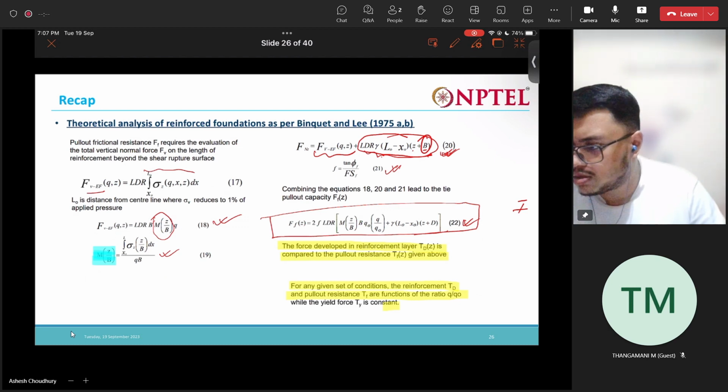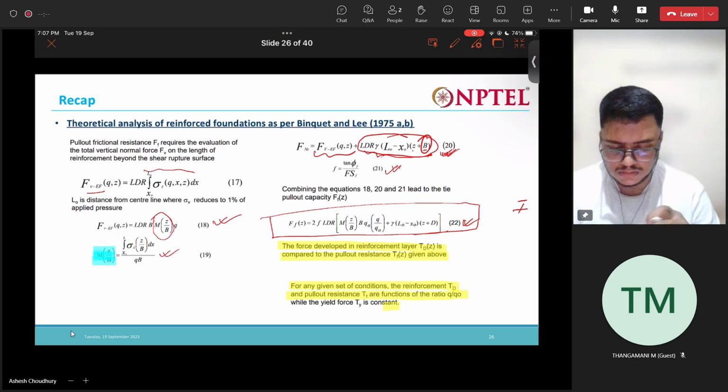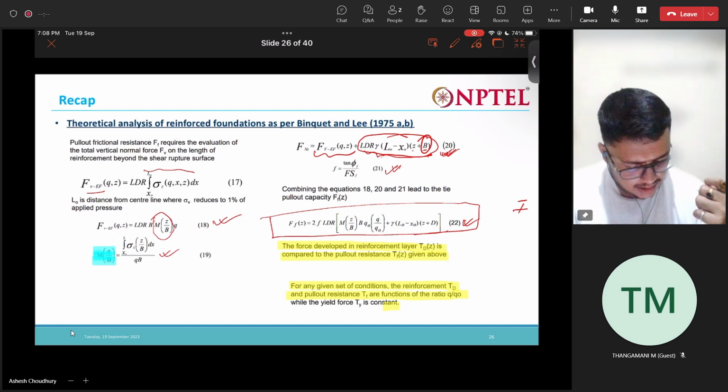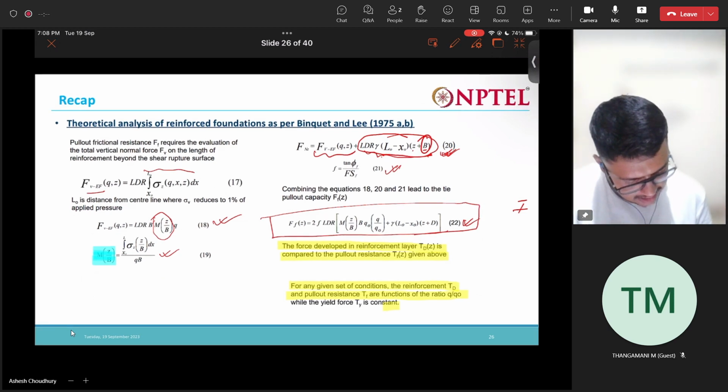I will just check what they have done in the solution of the problem. There they have written Z plus D. So D should be the depth of the foundation, I think so.